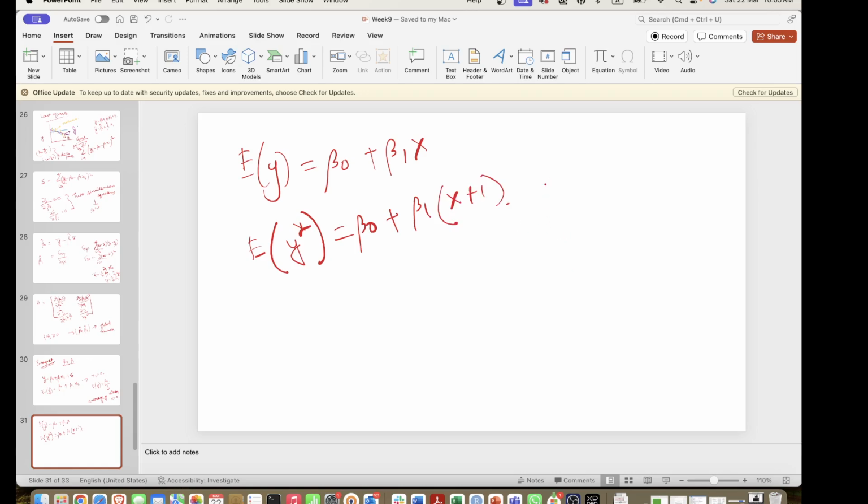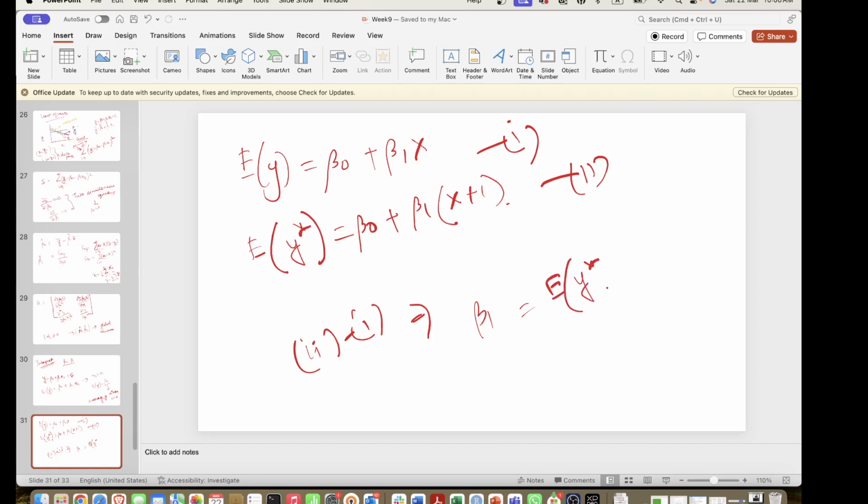If I subtract the two, then I have beta 1 equal to expectation of y star minus expectation of y, for x going to x plus 1.